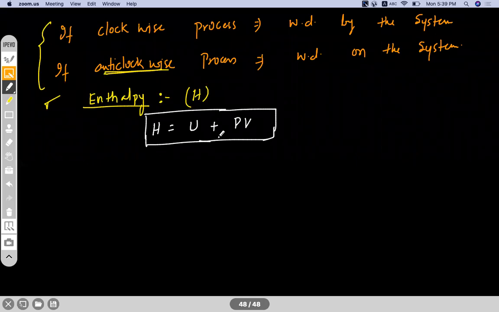Correct? Mathematically, it is defined like this. It is also defined as the heat content.